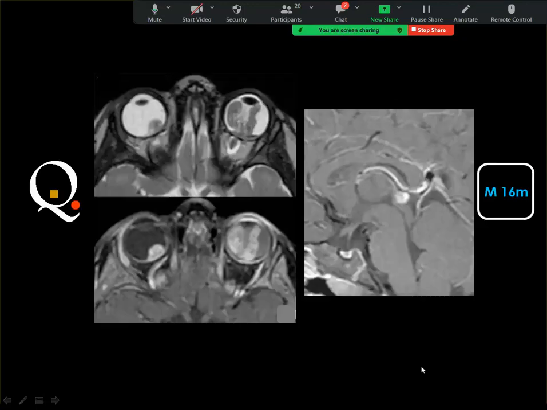Okay, the next case is a male, 16 months old, with MRI T2 and T1 post contrast with fat sat, and another section at the level of the sella.